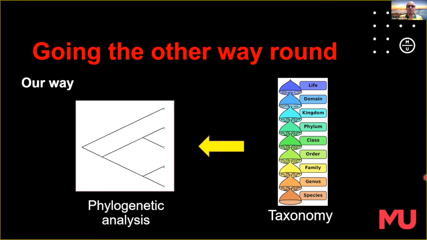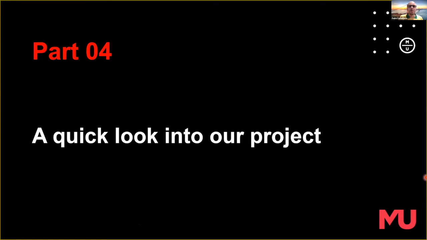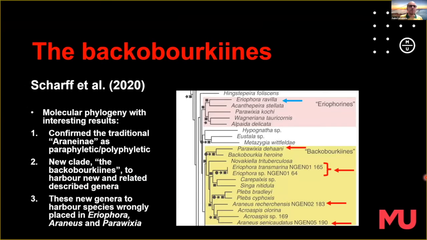Unfortunately we had to go the other way around for this project. The main objective of this talk is to present the group of the Backobourkiines. So let's sneak into our project a little bit.